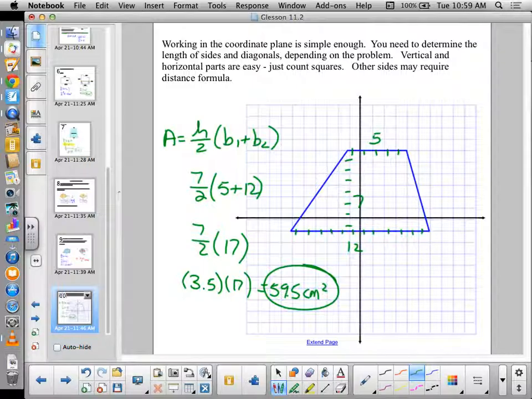It is possible if they ask for the perimeter of this, then we actually would have to use distance formula to find the length of this side. We'd have to use distance formula to find the length of that side. But like I say, at this point of the year, distance formula should be so automatic to you that it's not even an issue anymore. I know it's not, but it should be.